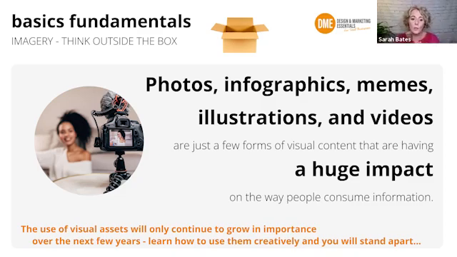And using a range of visual assets can only grow in importance, because people will just get bored of watching all the videos. They want something different. People will get bored of just watching static pictures. So really, as a business owner in charge of your own social media and your marketing, you have really got to think about mixing it up a little bit and wanting to stand out, wanting to show up better.